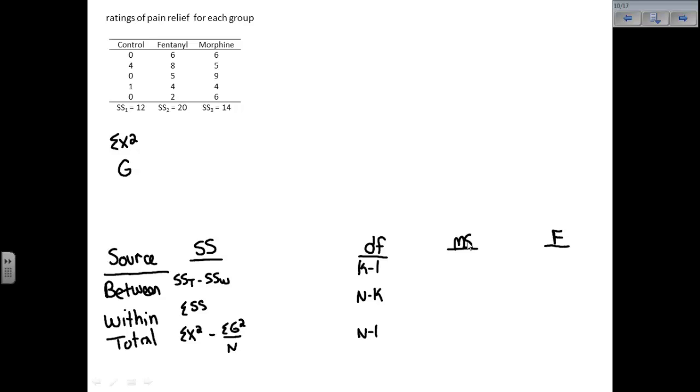I need to find my uppercase N. I need to, let's see, oh, no, K. And I think that does it. And you know what? I'm also going to calculate my means for each group. So my means, I'll do that over here.